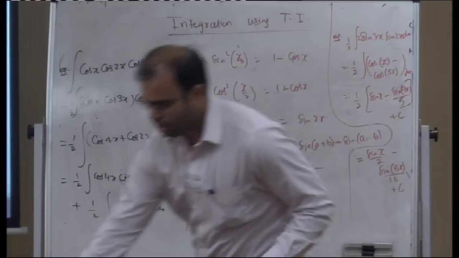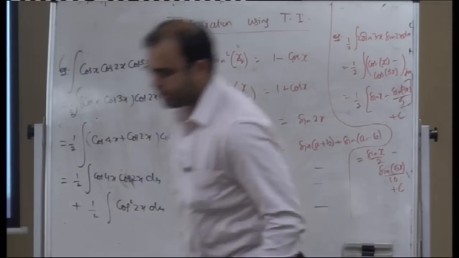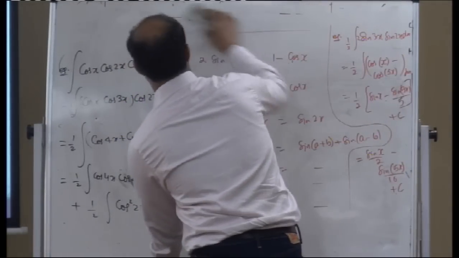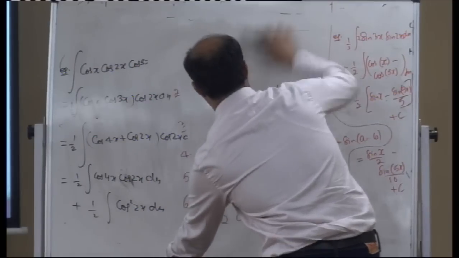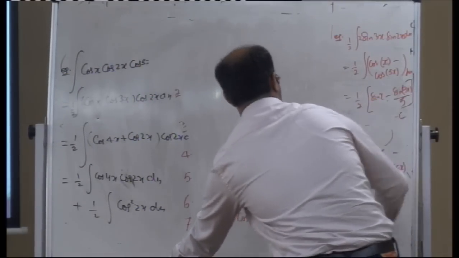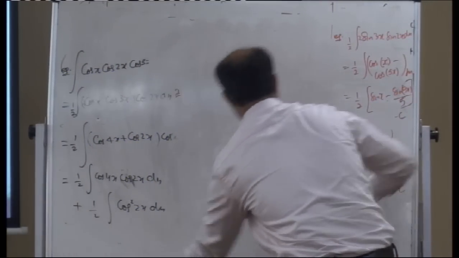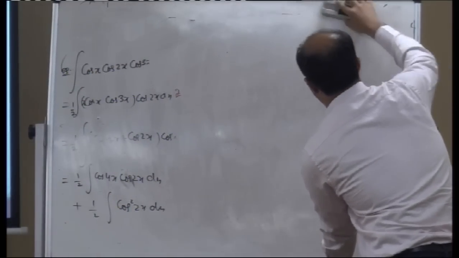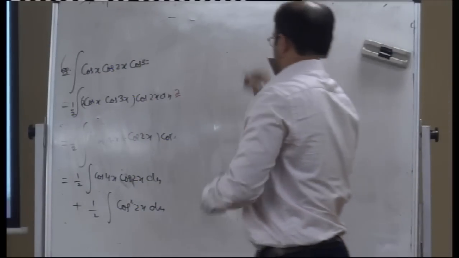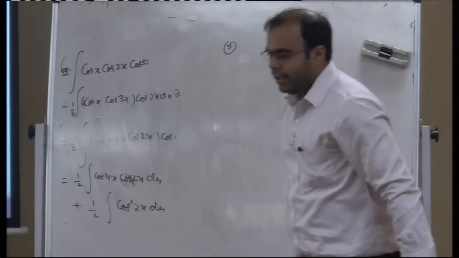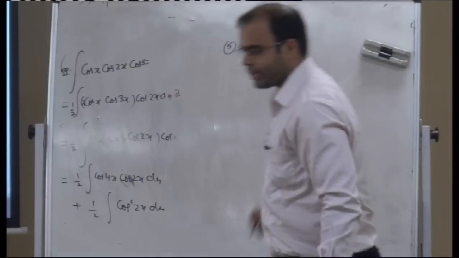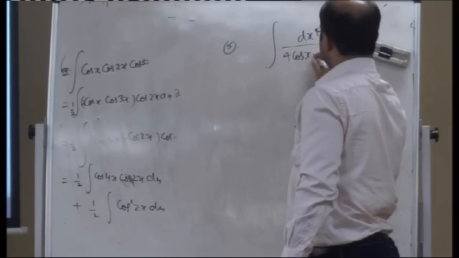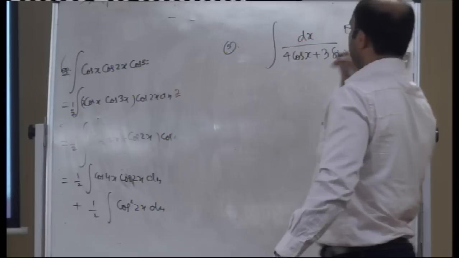So we come to the next example, the fifth example. In this, dx by 4 cos x plus 3 sin x, this we have to calculate.